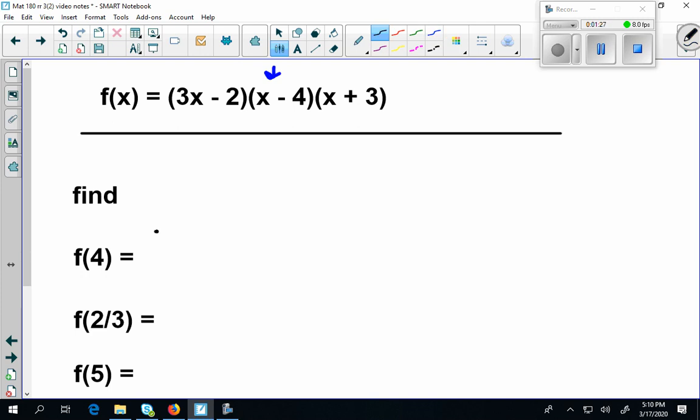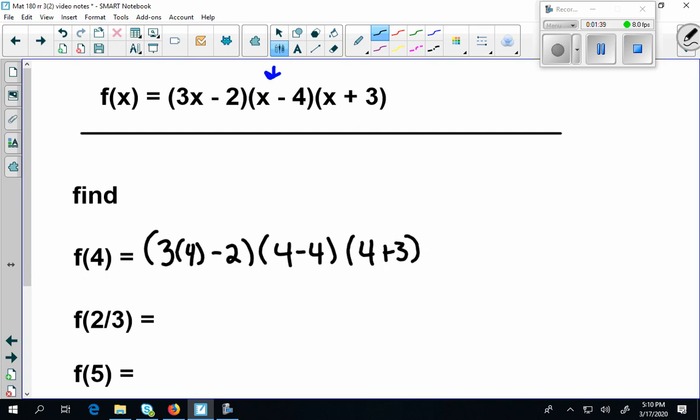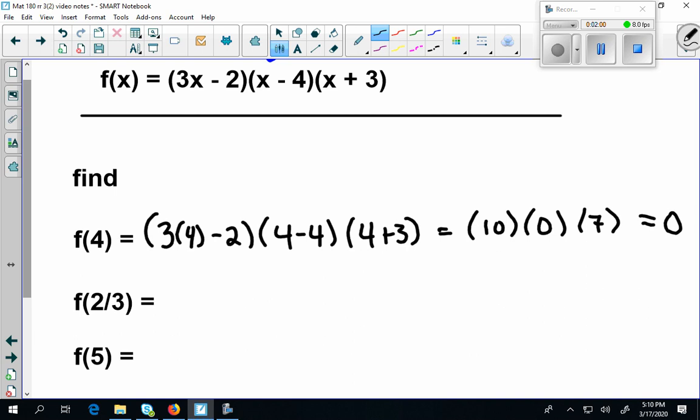So I would have 3 times 4 minus 2, times 4 minus 4, times 4 plus 3, which equals 10 times 0 times 7. When you multiply anything times 0, no matter how big or small, you end up with 0.